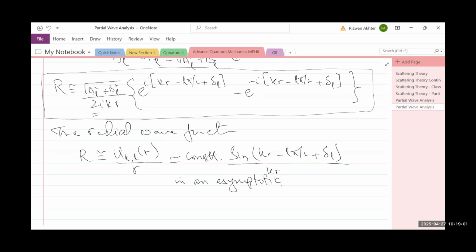Yeah, and so this is some quantity, this is actually a quantity which is representing the scattering cross section, or in fact it basically represents the distortion.